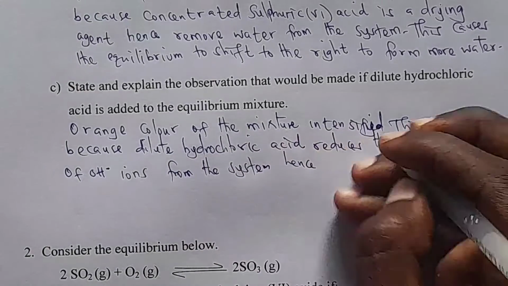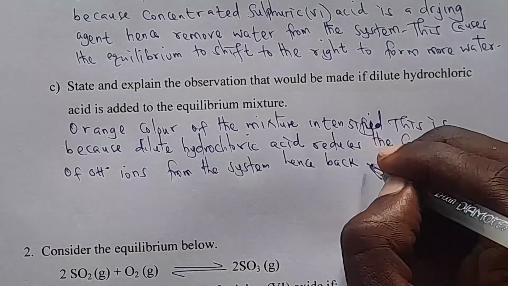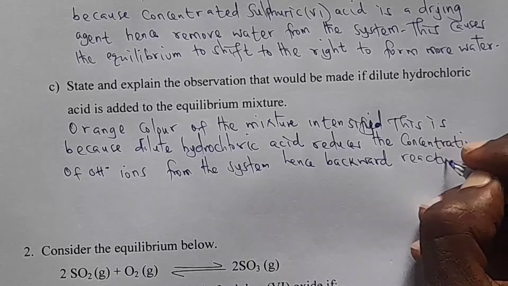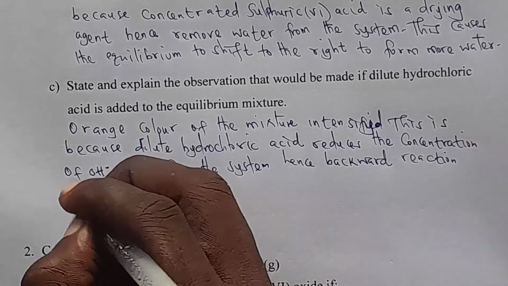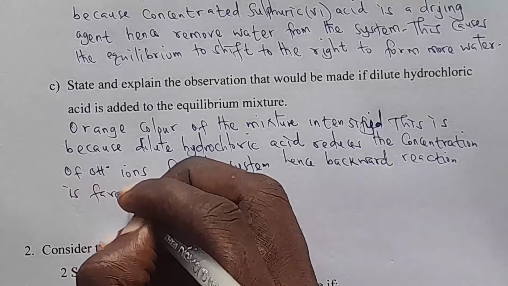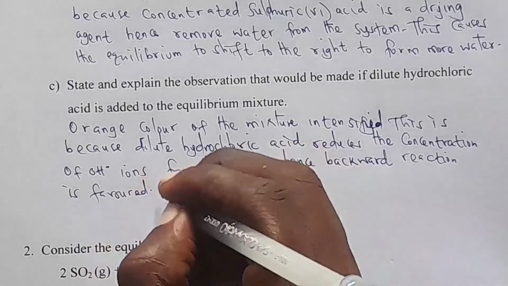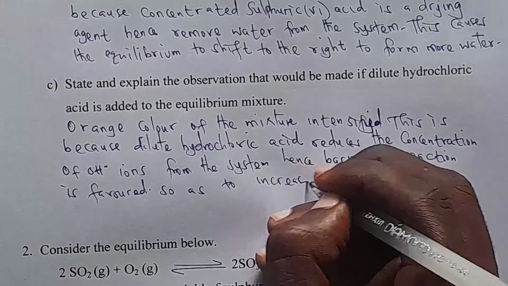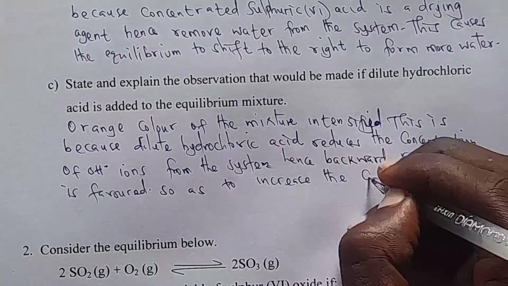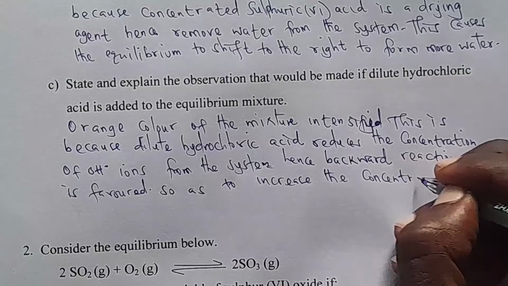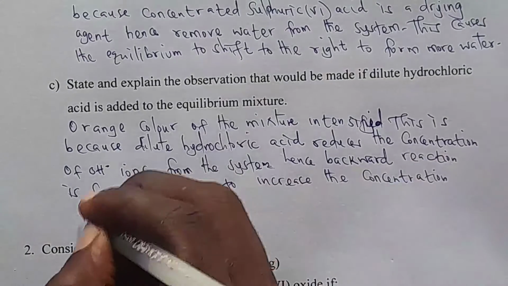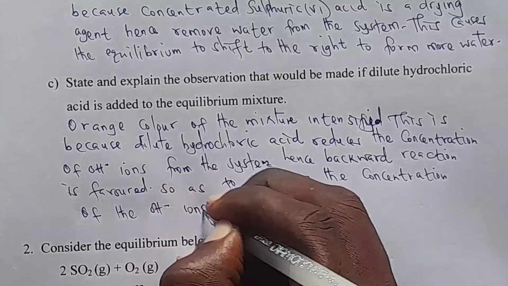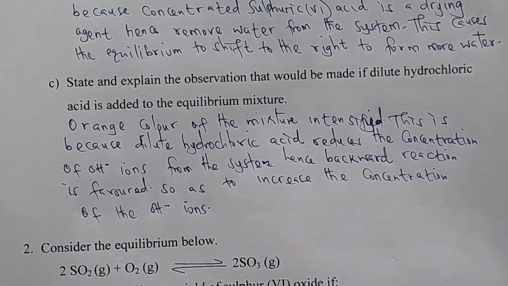Hence, we can see backward reaction is favored so as to increase the concentration of hydroxide ions. That will be our answer.